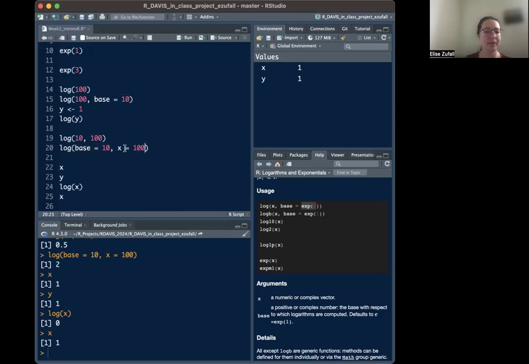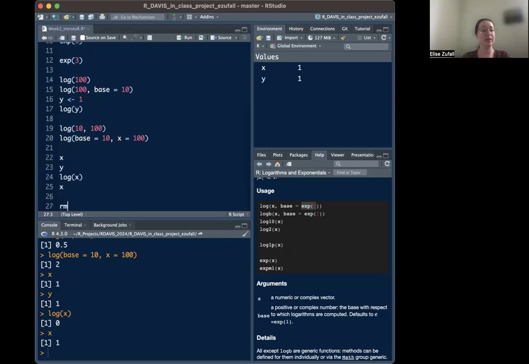So it's a little bit subtle, but the x that's in the log function is different from what's actually in our environment. So it's a really good idea to name your variables in your environment differently from the arguments you're trying to pass to other functions, because that can get really confusing. So it would be best if we didn't have a variable called x.